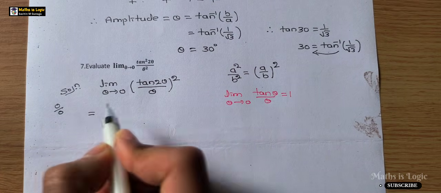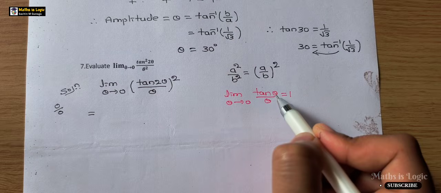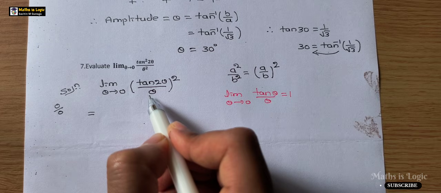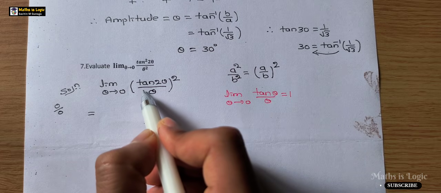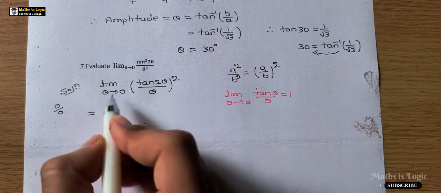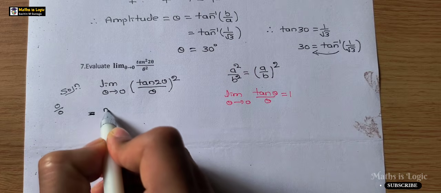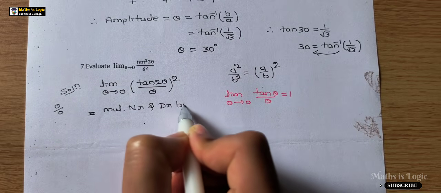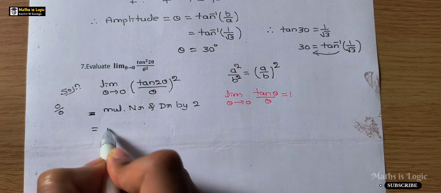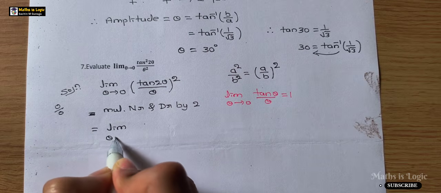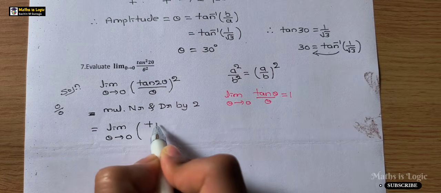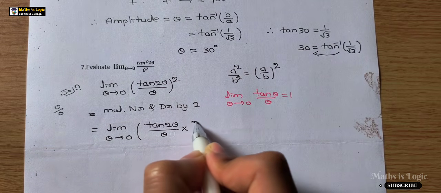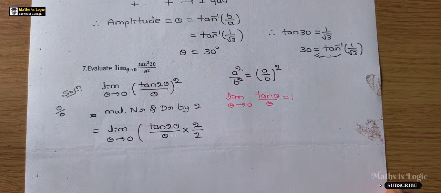Next, which is equal to, if you want to apply this formula, these two angles should be same, but inside here it is 2 theta, and in the denominator only theta is there. So to make it 2 theta, in the next step what to do? Multiply numerator and denominator by 2. So which is equal to limit theta approaches 0 in bracket tan 2 theta divided by theta, multiply numerator and denominator by 2.